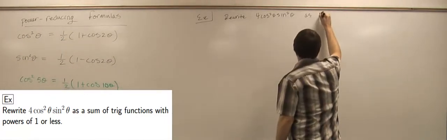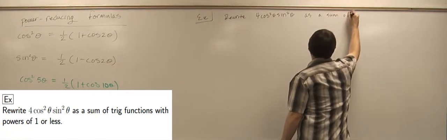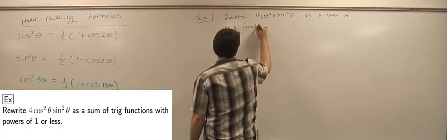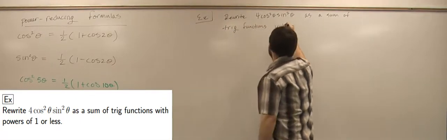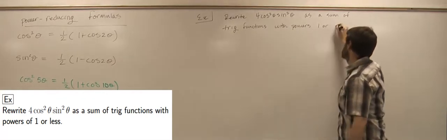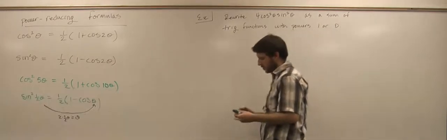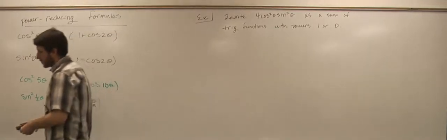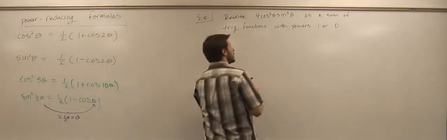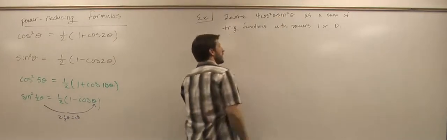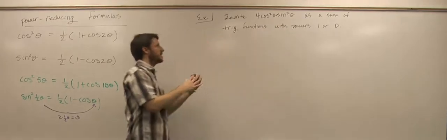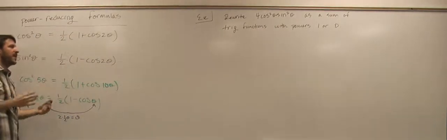So as a sum of trig functions with powers 1 or less. See, right now I have a product of trig functions, and that product has powers of 2. So I want to expand, basically this is expanding out the expression.